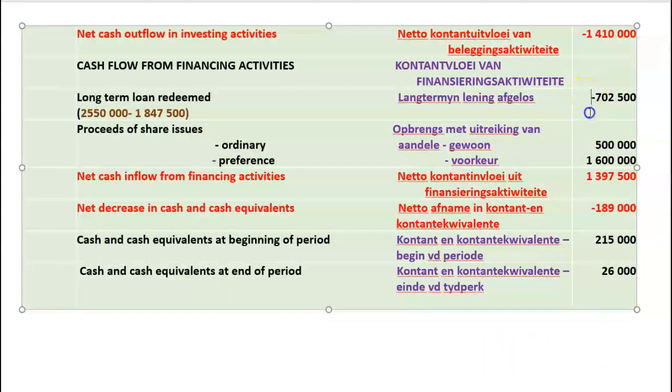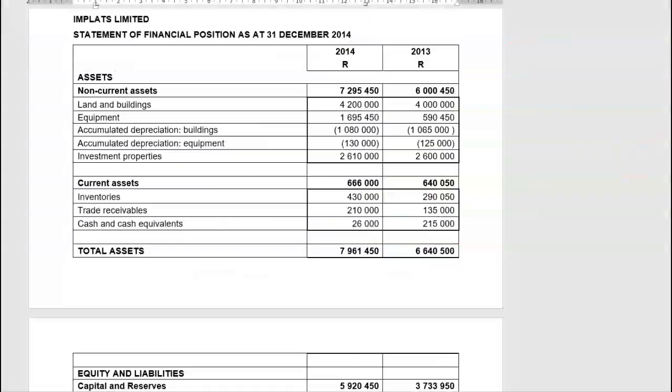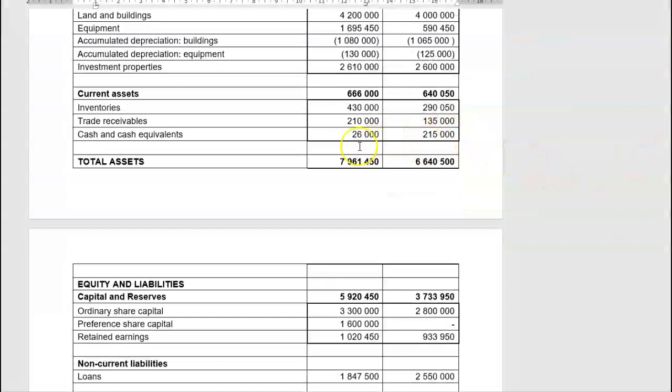And then I can actually complete this, get the total cash inflow from financing activities, 139,700. And then the easy one is cash and cash equivalents in the beginning of the year, which was 215,000, end of the year 226,000.